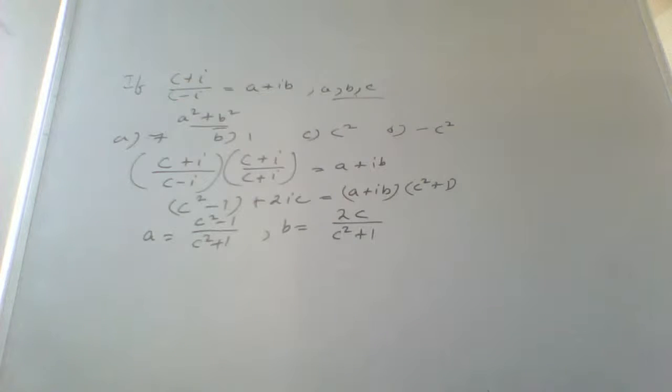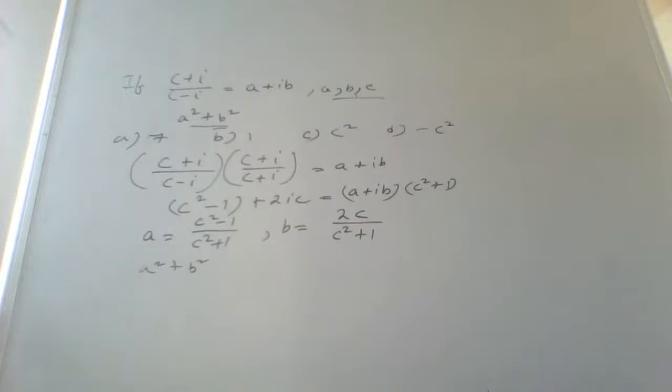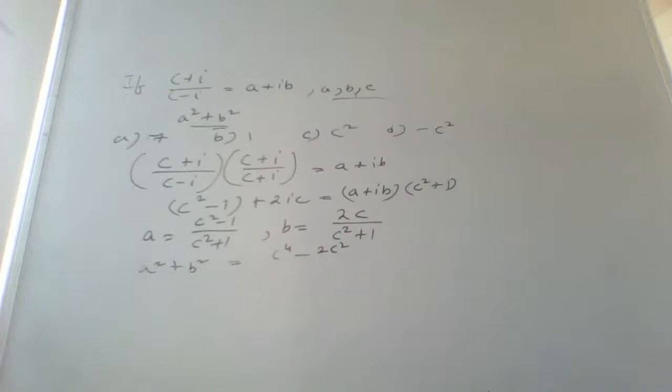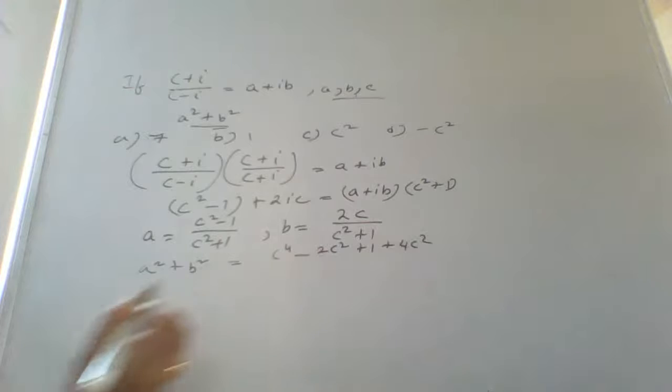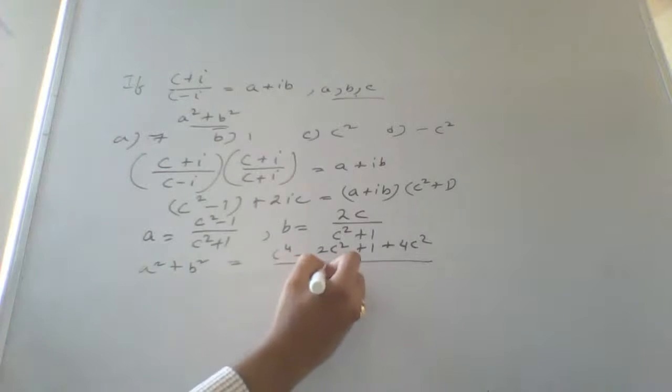Now let us square this and add. So a square plus b square, if I try to simplify this further, I get c power 4 minus 2c square plus 1 plus 4c square, divided by, in the denominator, again c square plus 1 whole square.